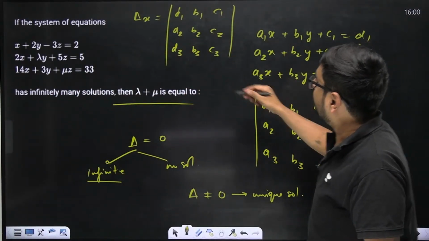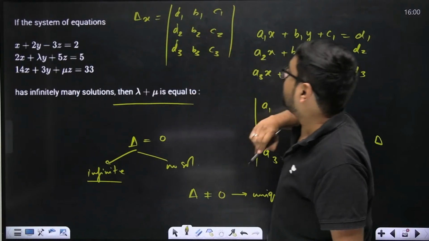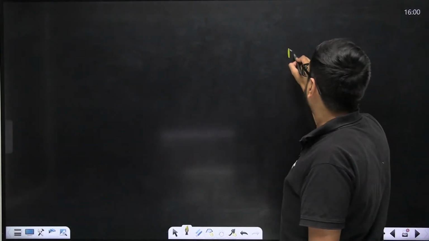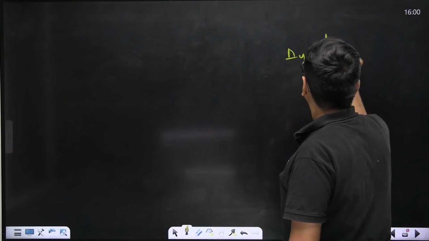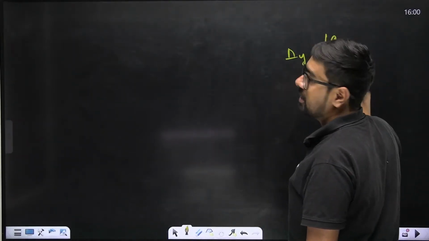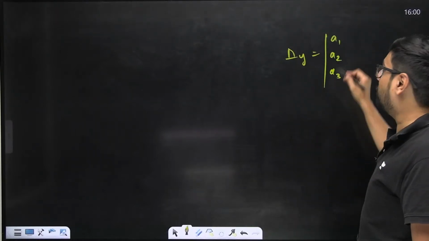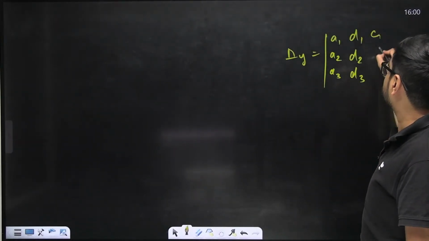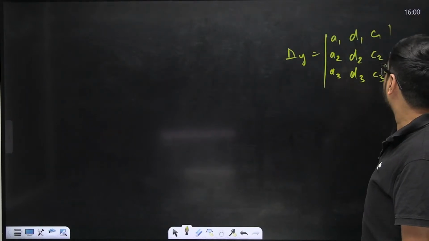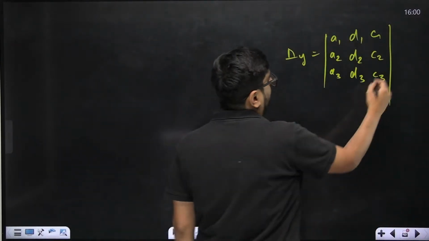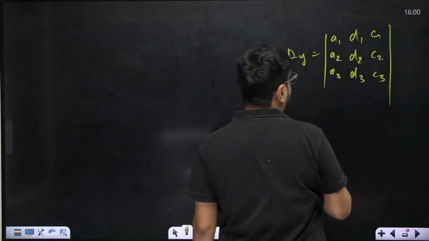In delta y, a1, a2, a3 will be there, but the coefficients of y will not be there. Instead of that, d1, d2 and d3 will be there. And these will be the same, c1, c2, c3. This will be delta y.